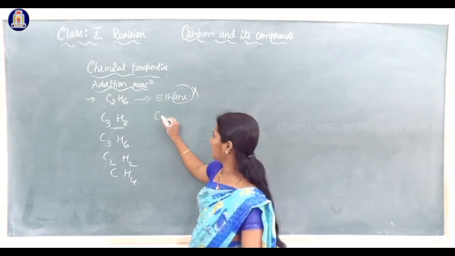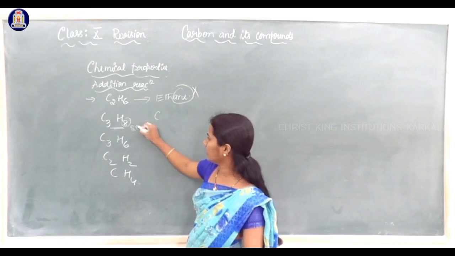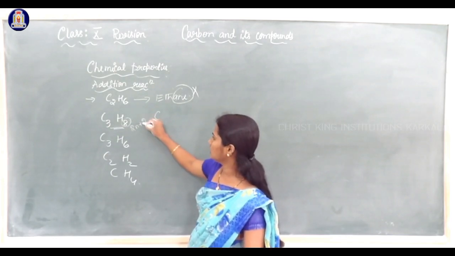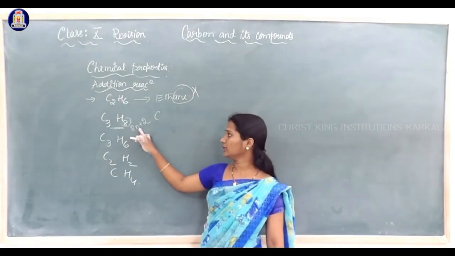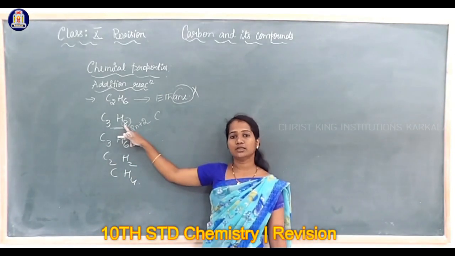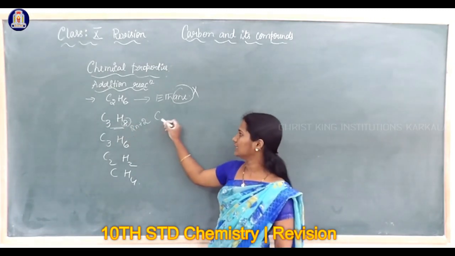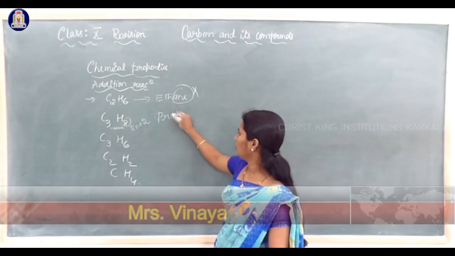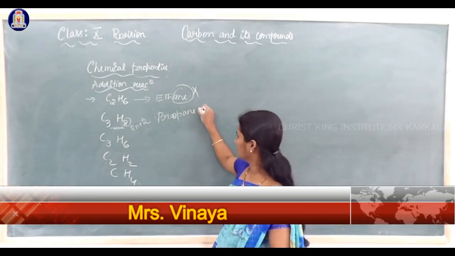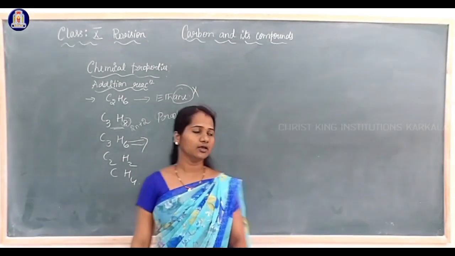C3, 3 carbon atoms, hydrogen: 3 twos are 6, plus 2, so it is in the form CnH2n+2, 8. So this is also an alkane. This is propane.